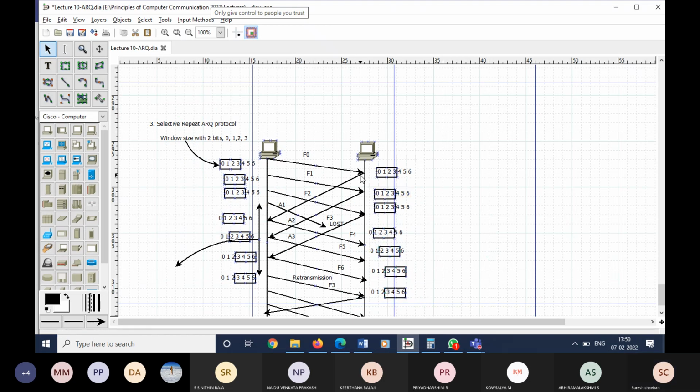So F1 will be there and F2. It will be receiving, and F3 will anyway be lost, right? But in the window we will be having F3, F4 as well, correct?